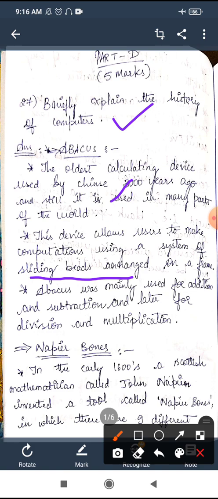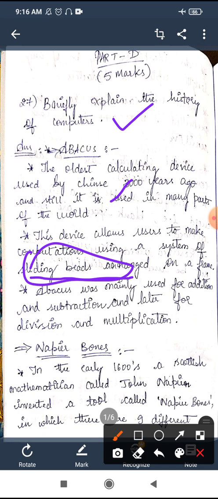So the abacus is the oldest computing device, which was used by the Chinese people around 3000 years ago, and nowadays also they use this system. Not everyone, but a few parts of the world use the abacus. These devices allow users to make computations using sliding beads, so you have to mention this point.